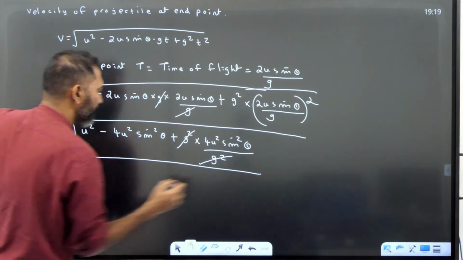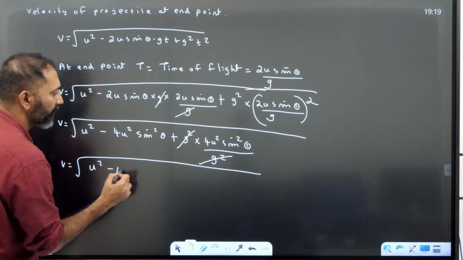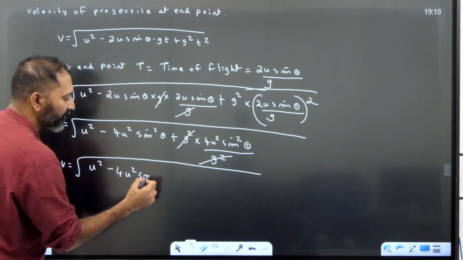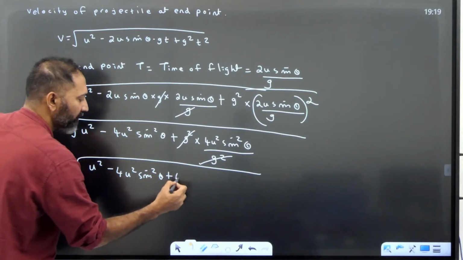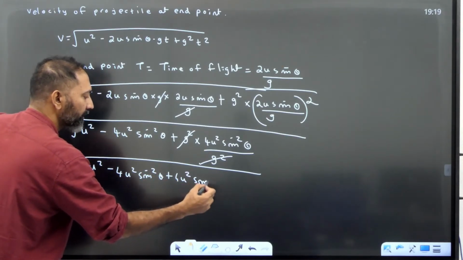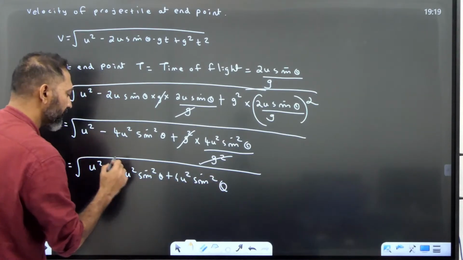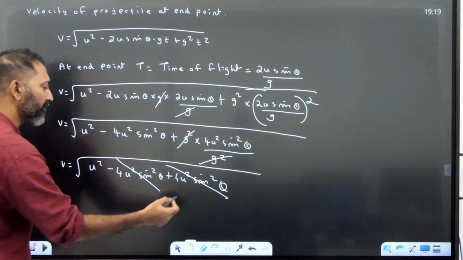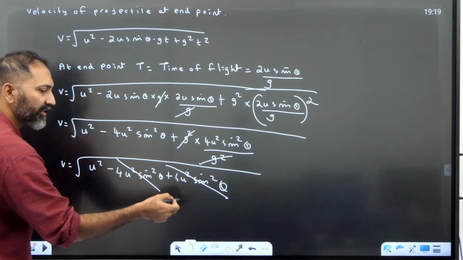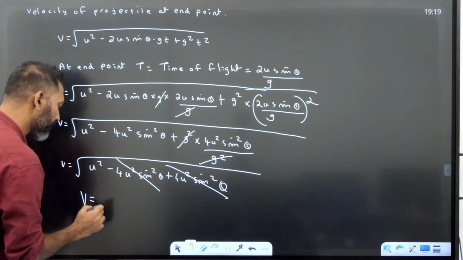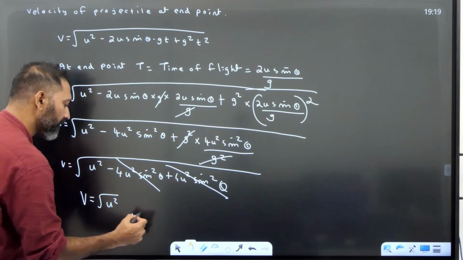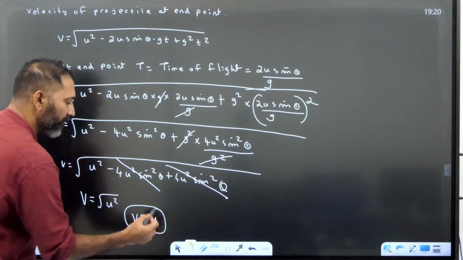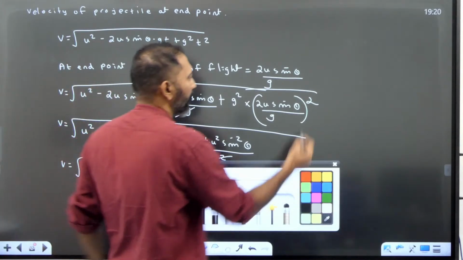Root of u square minus 4u square sin square theta plus 4u square sin square theta. That means these two cancel. V equal to root of u square, that is v equal to u.